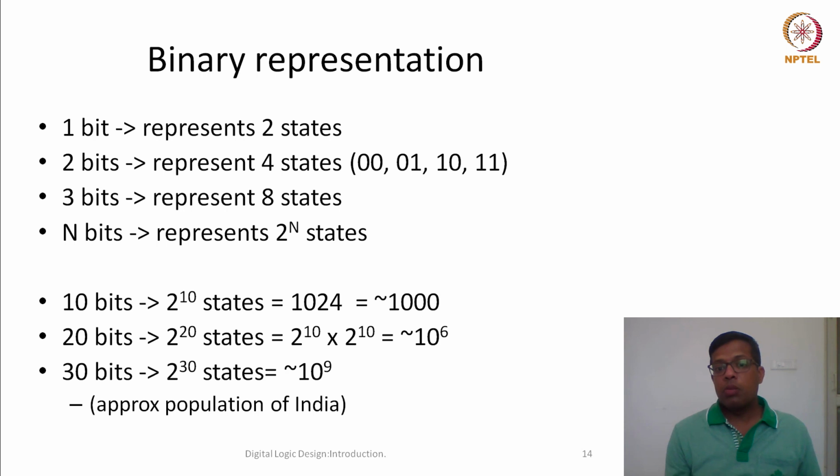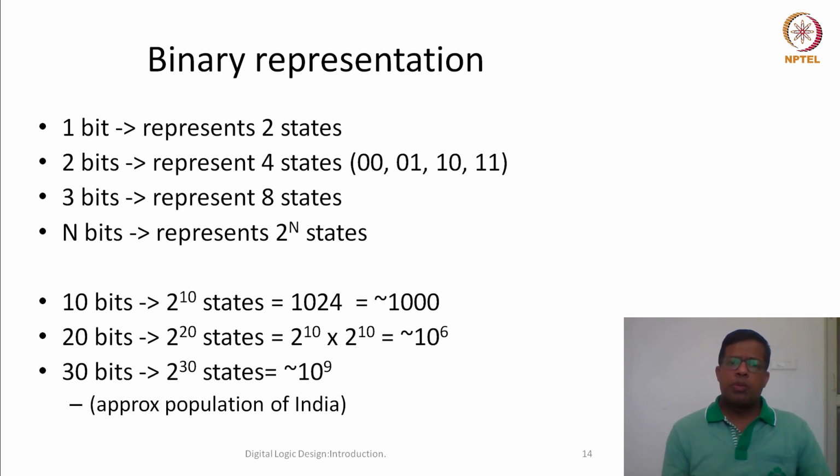Similarly, 1 megabyte is 2 to the power 20 bytes, and 1 gigabyte is 2 to the power 30 bytes. In other words, 1 kilobyte means around 1000 bytes, 1 megabyte around 1 million bytes, and 1 gigabyte around 1 billion bytes. This is another parallel notion of words which we typically use for binary representation.